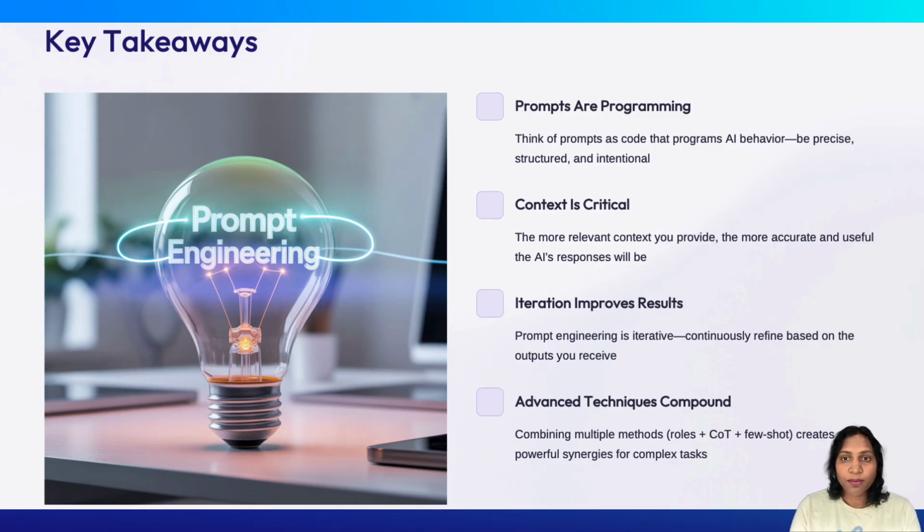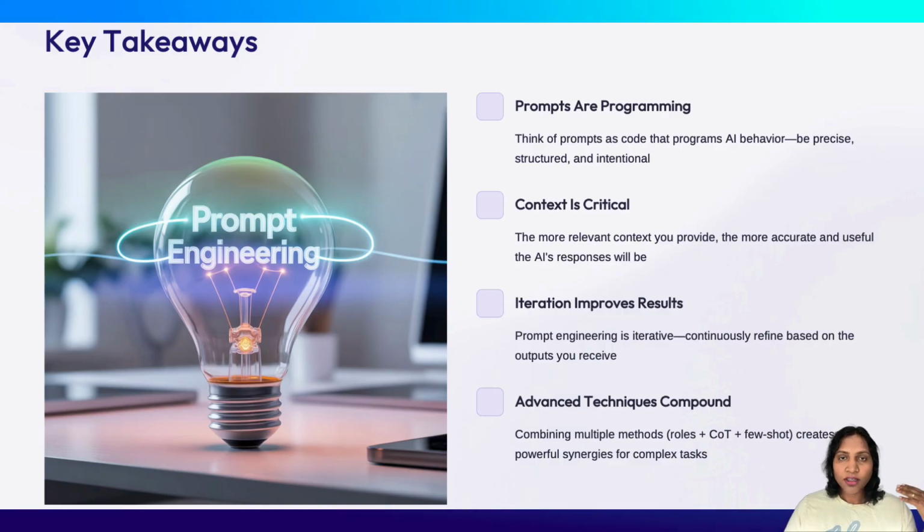The key takeaway from this video is to understand prompt engineering. Prompts are like code: just as a program defines the behavior of software, a prompt defines the AI's behavior. It should be precise, structured, and intentional, so that you can craft them like an art and provide relevant context, which is very critical for getting accurate and useful responses from the AI.